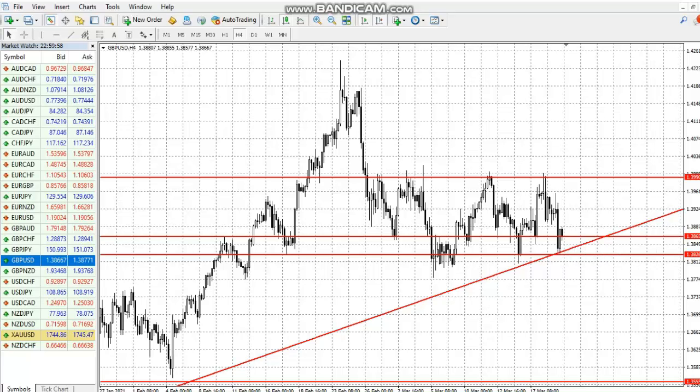So we are expecting that the market is going to move down to hit this particular trend line again before it moves in the upward direction. So we'll give it an allowance before the market moves in a good direction.